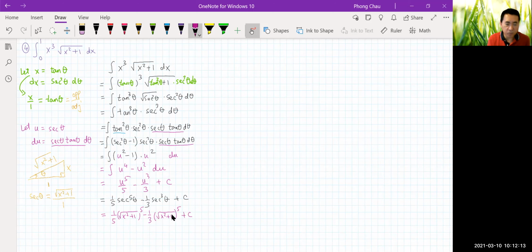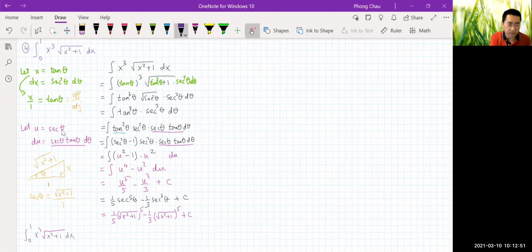But do not forget that we are not done, because we are dealing with a definite integral. The original integral is from 0 to 1 of x cubed times the square root of x squared plus 1 dx.